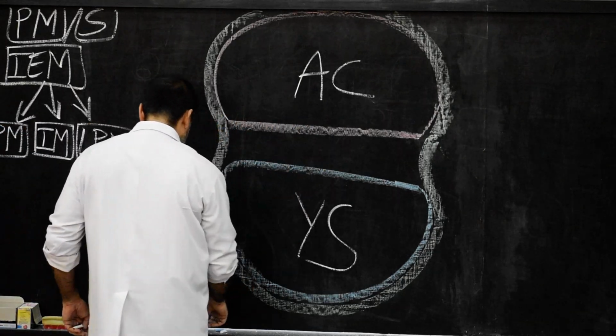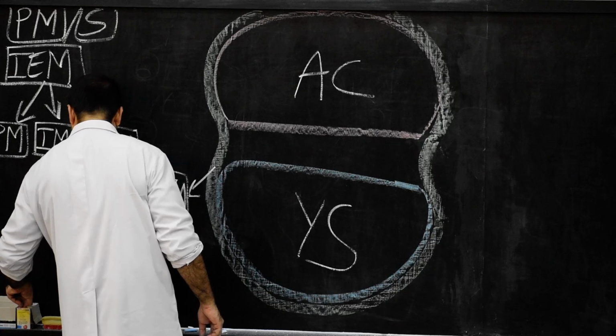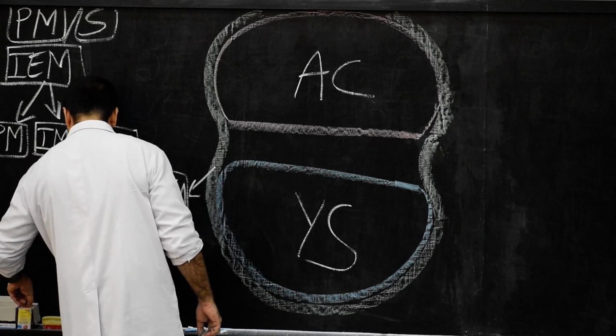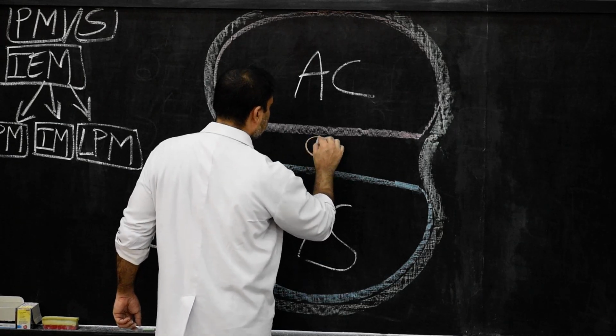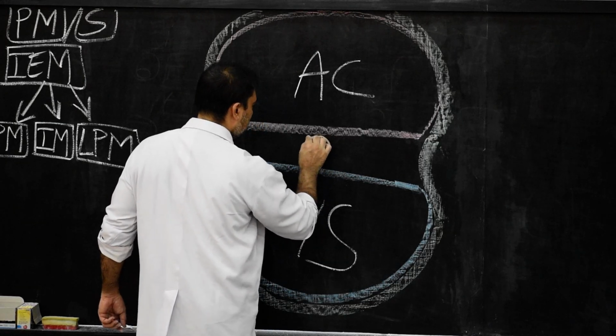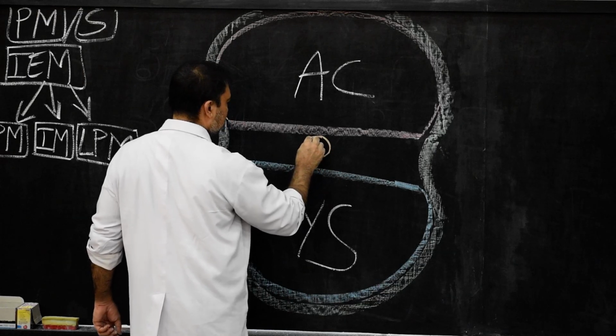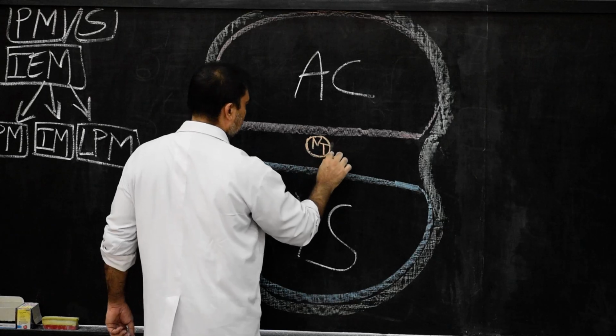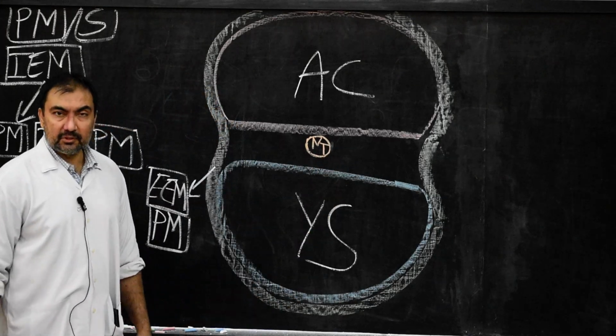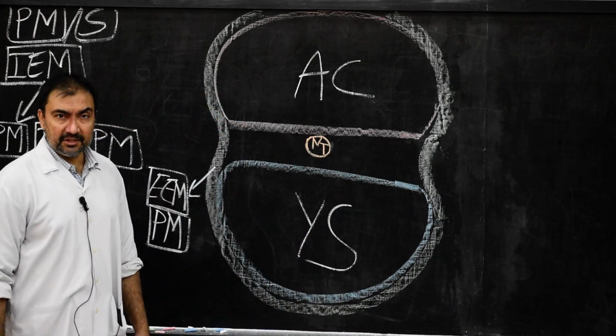Here we have shown the development of, now here if I draw, you will understand, we have shown the development of neural tube. So this portion, that is neural tube, is already developed, which we have seen during neurulation.